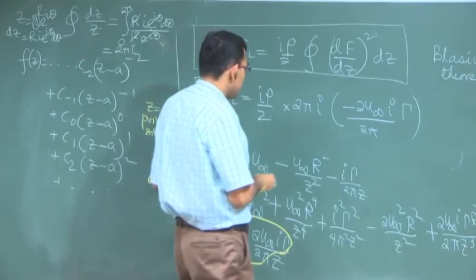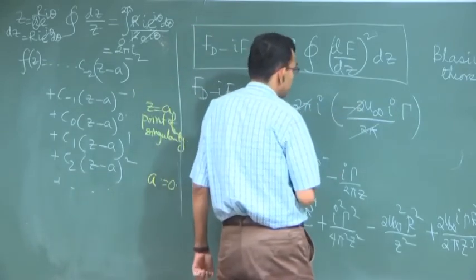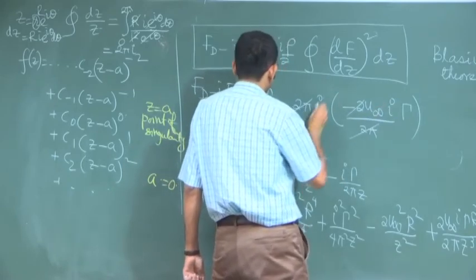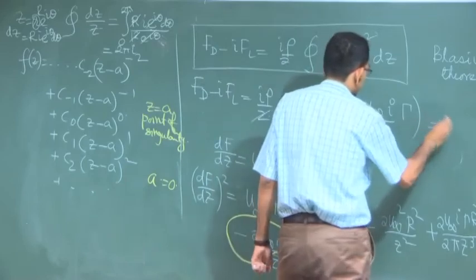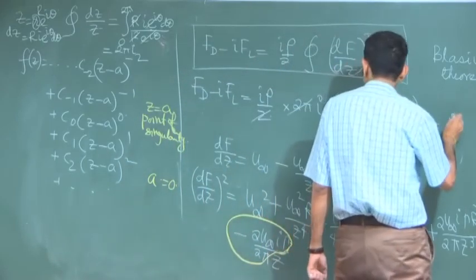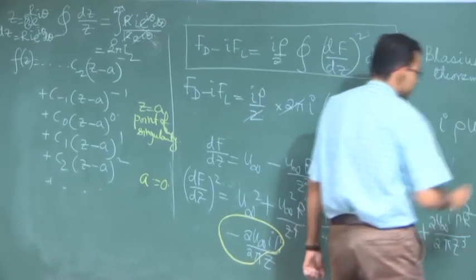So, let us see what cancels: this 2 pi cancels, this 2 cancels, i squared is minus 1. So, this becomes i rho u infinity gamma.